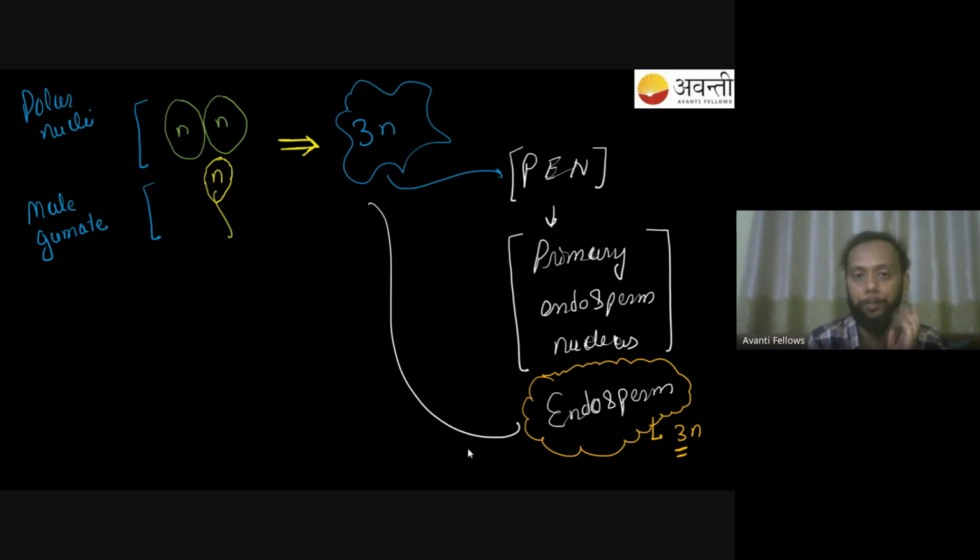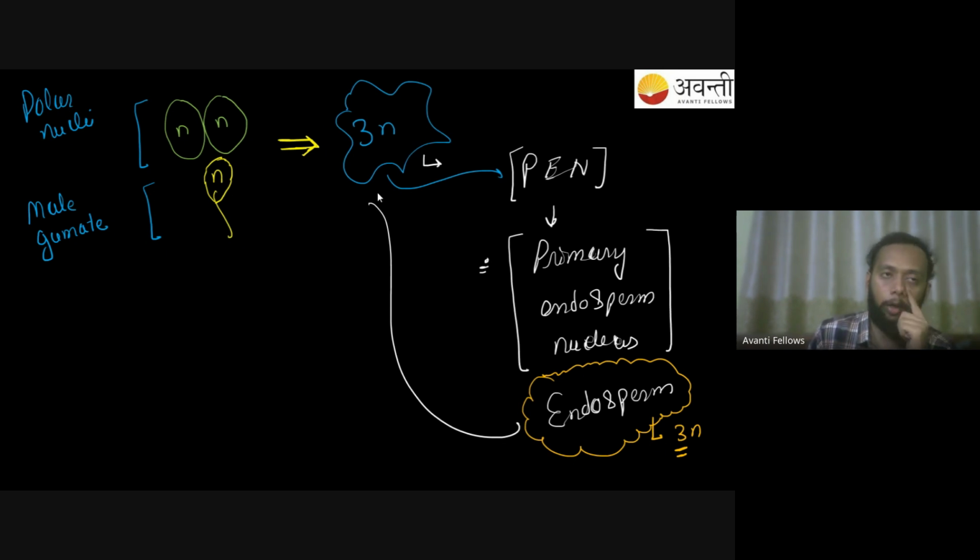Triploid endosperm. This triploid structure which has been formed over here is called my primary endosperm nucleus. You can also collectively use a single term: it can also be called my endosperm, which has been formed right now.